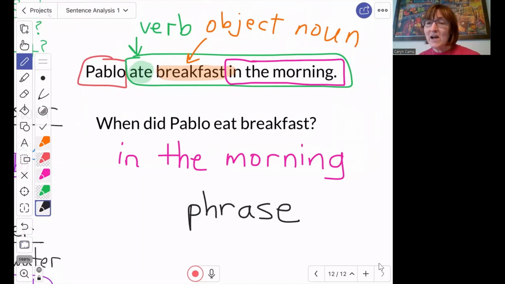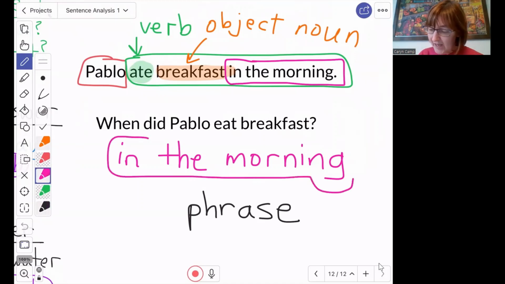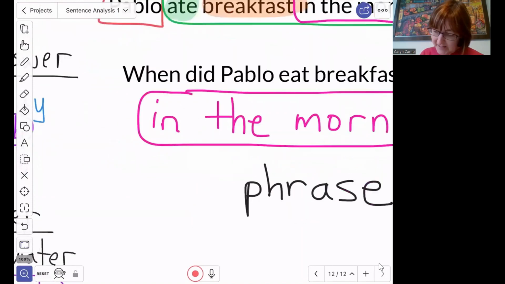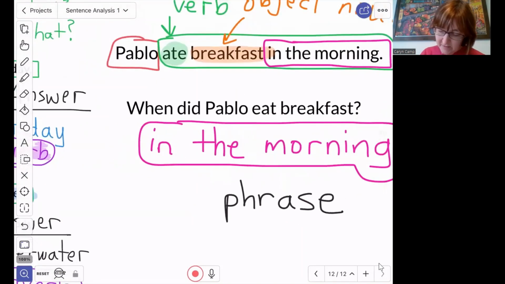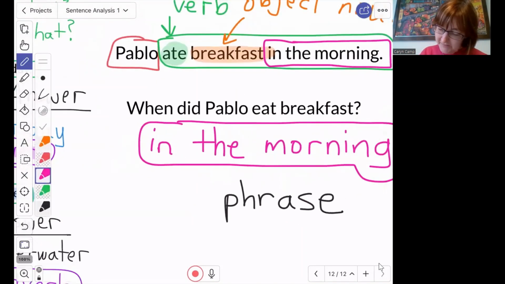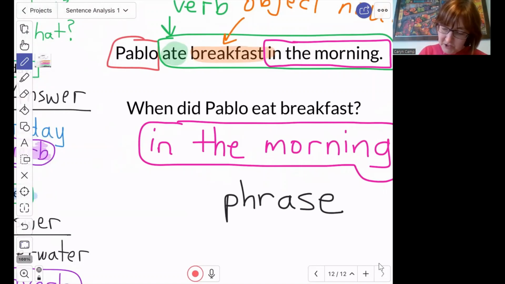A phrase does not have a subject and a verb in it. A phrase is not a sentence. So here my answer is made up of three words that does not have a subject and a verb in it. So it's a phrase, but it's a special kind of phrase. So the special kind of phrase that this is called, if I can get it all written down here, what color should I use?